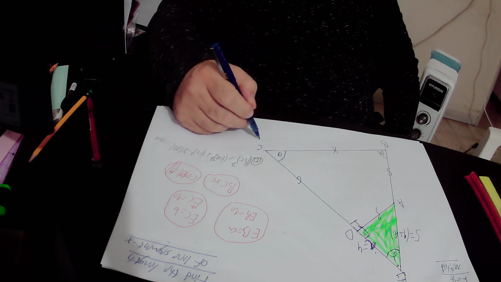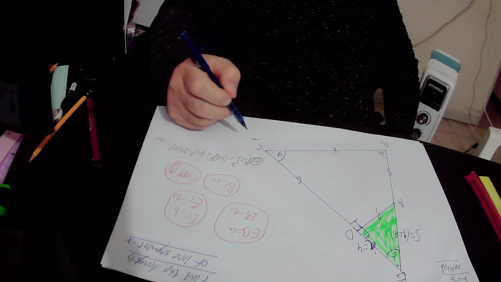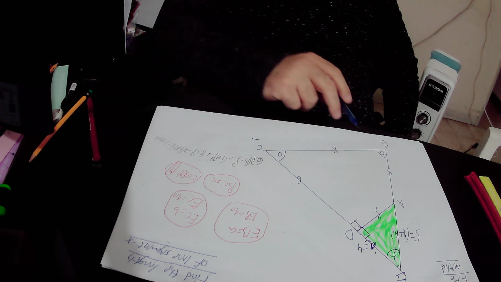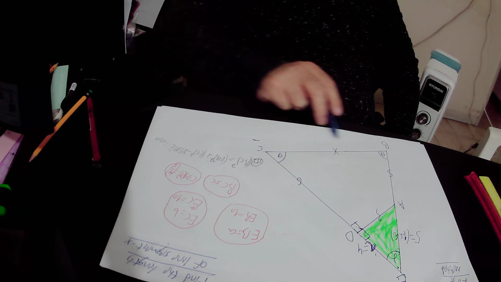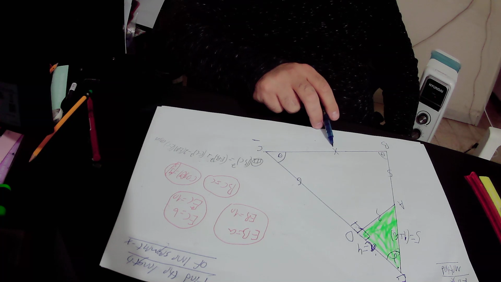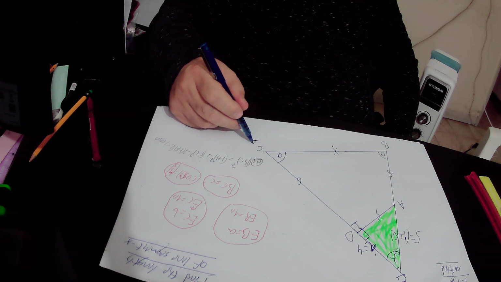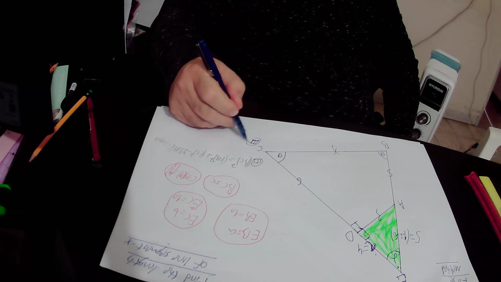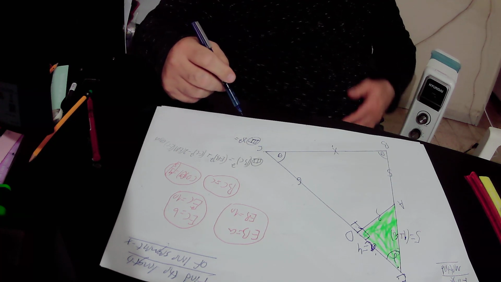So BC equals x here, so BC squared is x squared, and it is equal to EB squared.